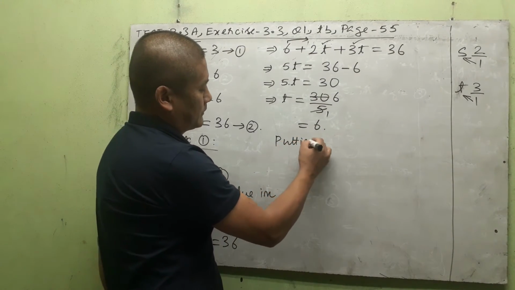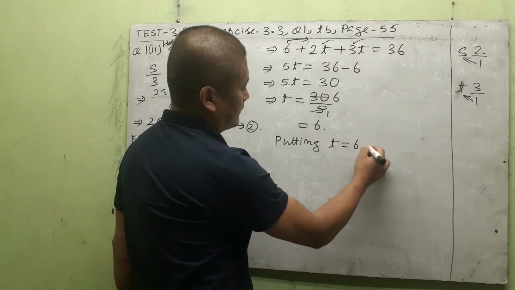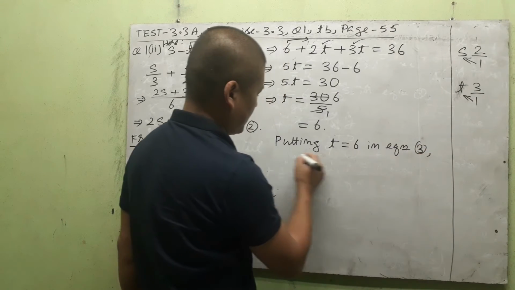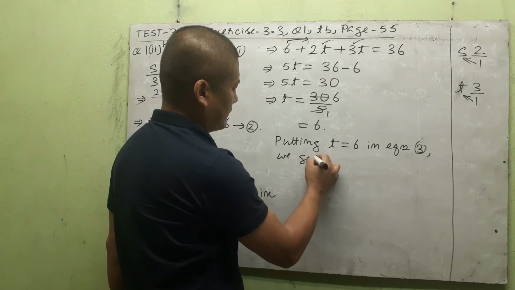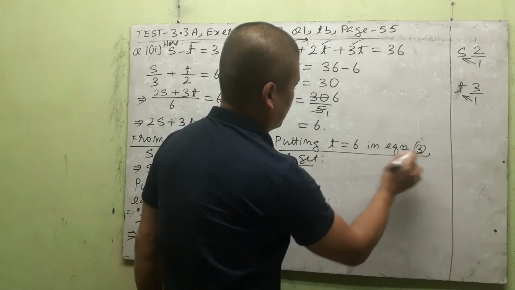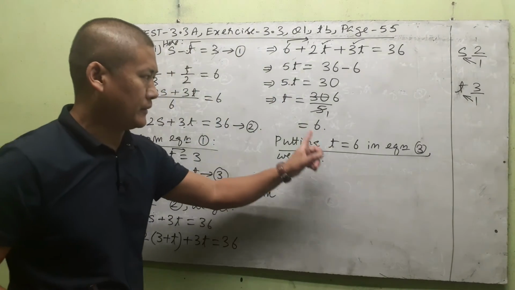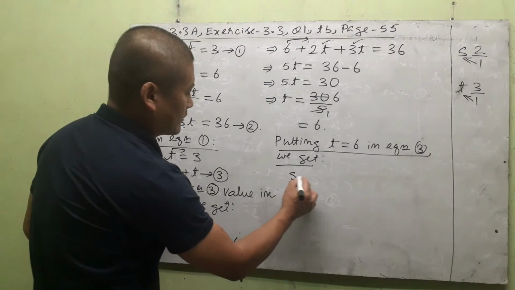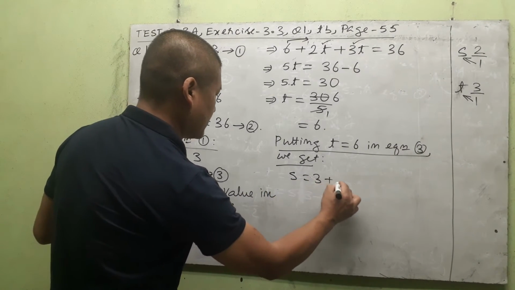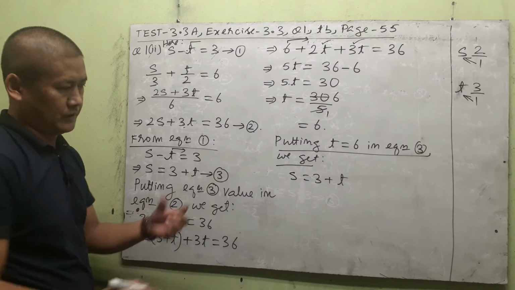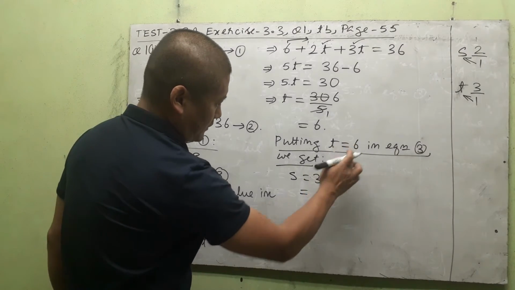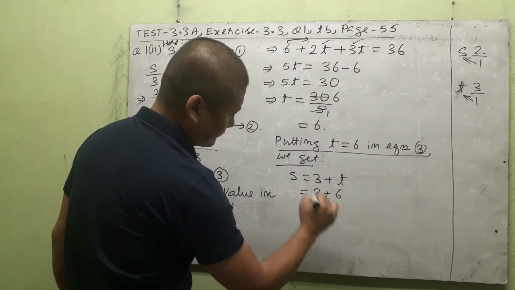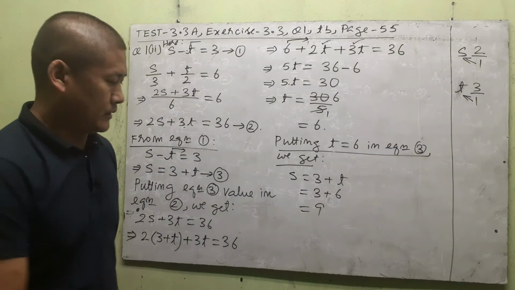For that, putting t equal to 6 in equation 3, because equation 3 is perfectly arranged to find s. See here, it has been written in terms of s. So s equal to 3 plus t is equation 3. Putting t equal to 6 means in place of t, we put 6. 3 plus 6 is 9.